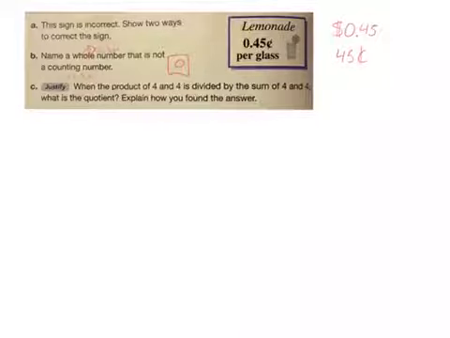When the product of 4 and 4 is divided by the sum of 4 and 4, what is the quotient? Okay, let's break this up a little. The product, that means the answer, of 4 and 4, so 4 times 4, comes out to be 16. The sum of 4 and 4 means 4 plus 4, and the sum is the answer of that, which would be 8.